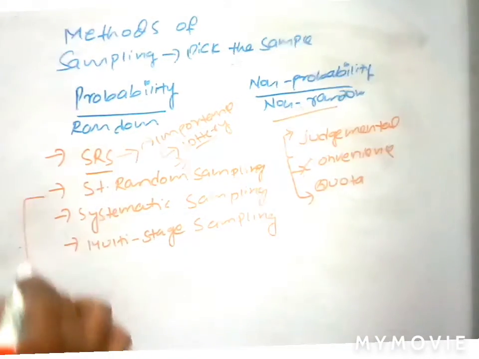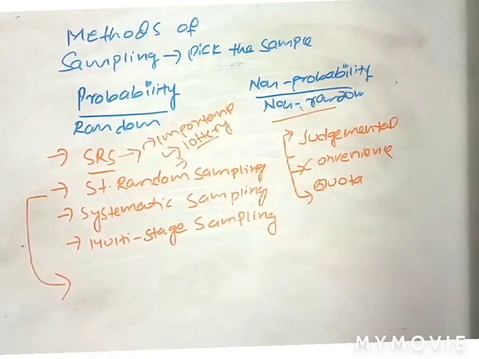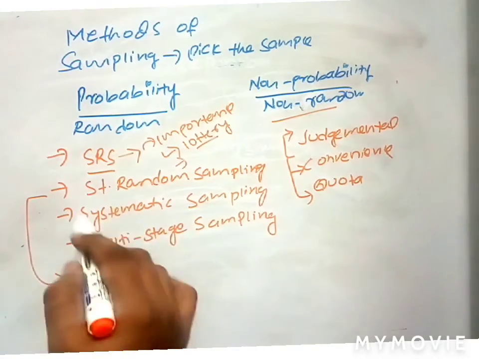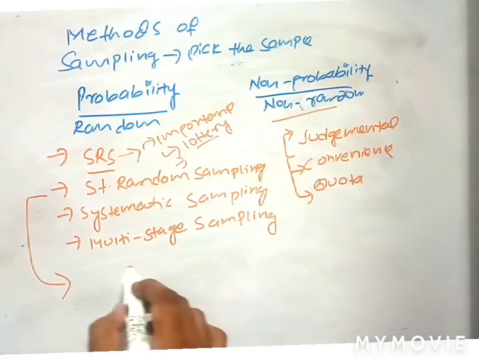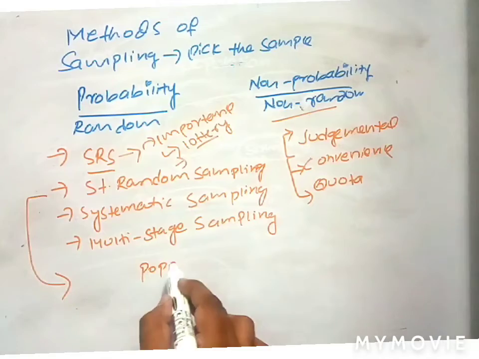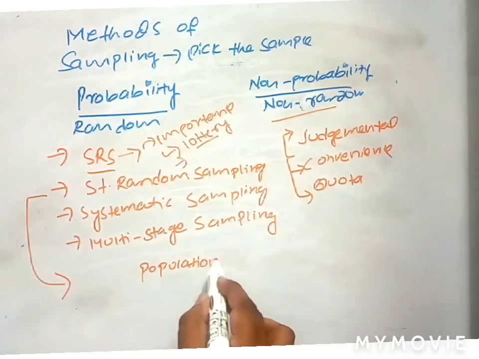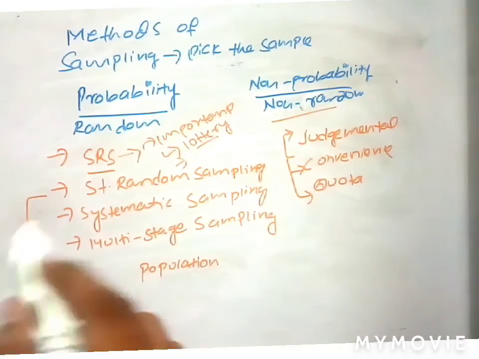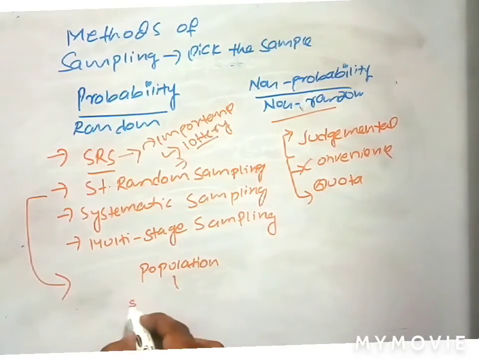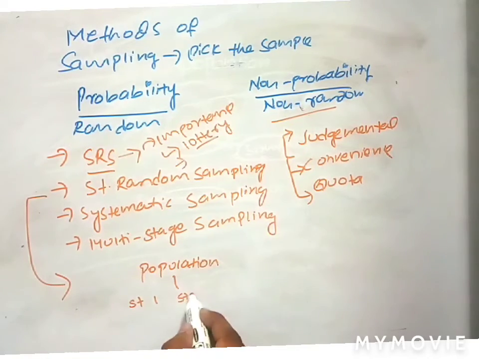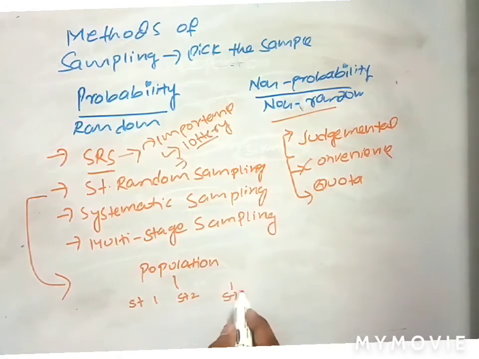Then the next one is stratified random sampling. When I say stratified random sampling, this is called a population. This population can be divided into strata: strata 1, strata 2, let us say strata 3.